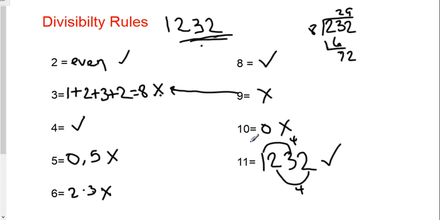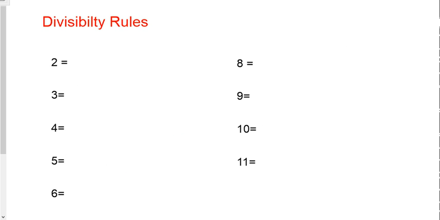So let's see another example. All right, so let's use the number 396. Check for divisibility by 2.